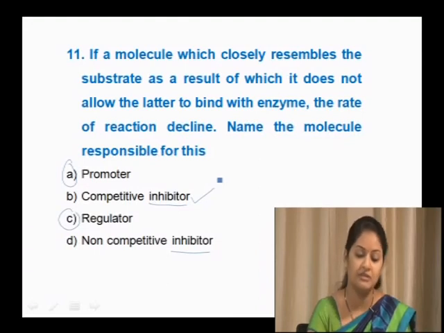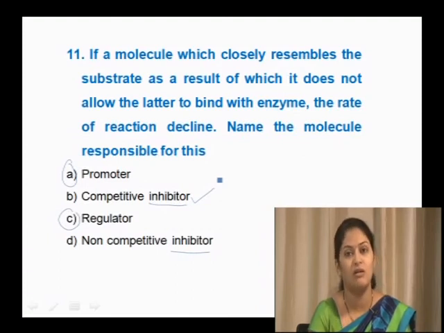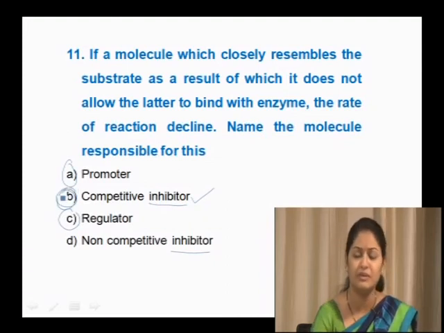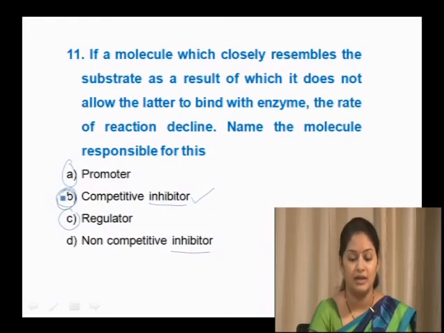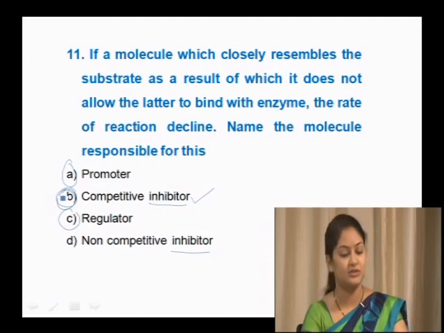Whereas non-competitive inhibitors are the kinds of inhibitor which associate to any part of the enzyme, whether it is associated with substrate or not. So the answer for this particular question is option B, because the question clearly says that the molecule should closely resemble the substrate and it should not allow the latter, latter means substrate, to bind with the enzyme. So that molecule is competitive inhibitor. So the answer for this is B.